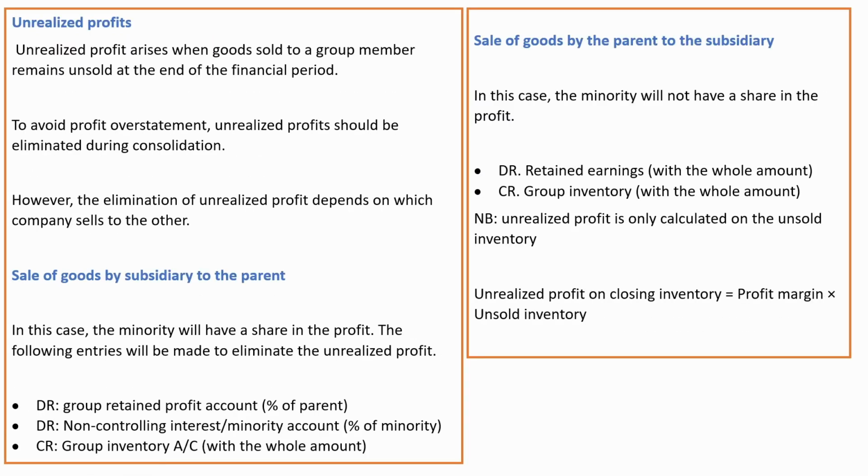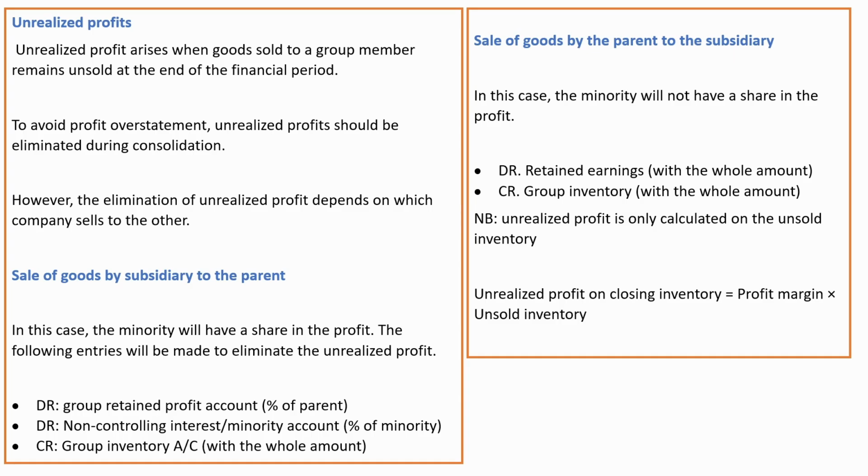The next working, we have unrealized profits. Unrealized profit arises when goods sold to a group member remain unsold at the end of the financial period, which means the profit is within the companies. When you sell goods to outsiders, the profit is gained.